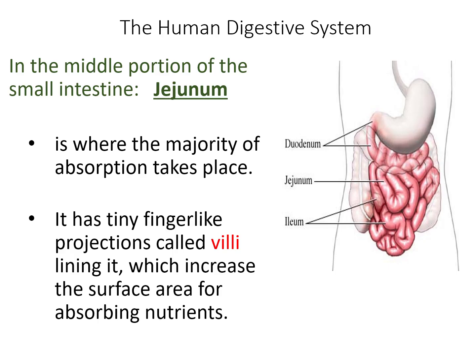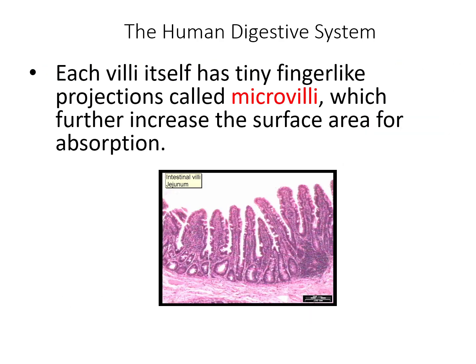This is where our capillaries are mostly attached, in our villi and microvilli, because this is where the different micronutrients are being absorbed and then pass through the capillaries attached to the villi. Each villus itself has tiny finger-like projections called microvilli.